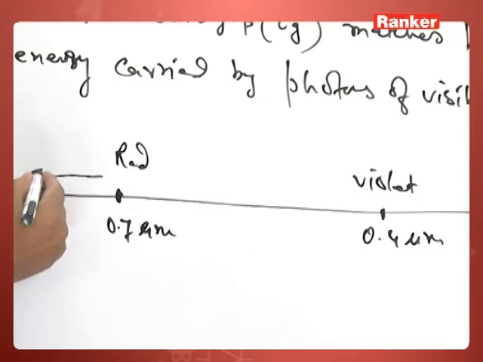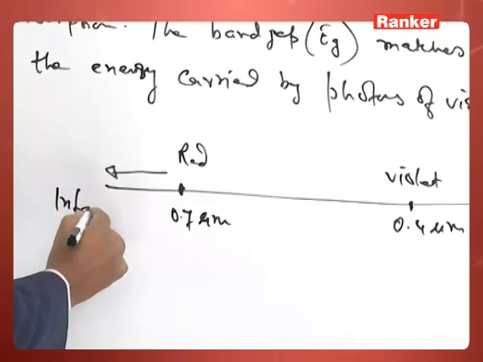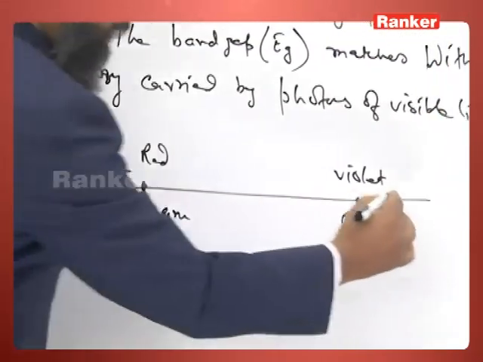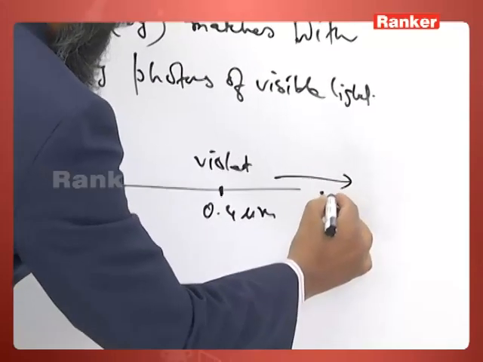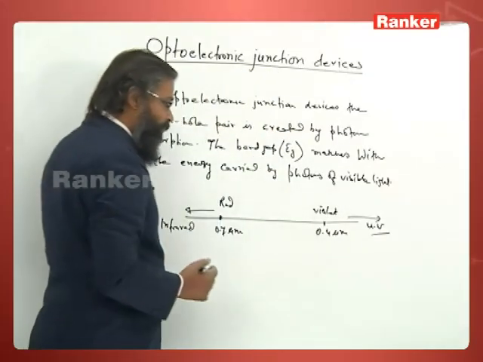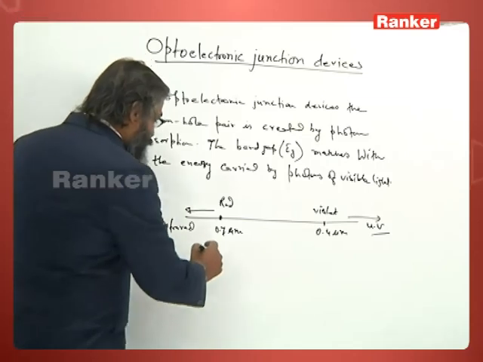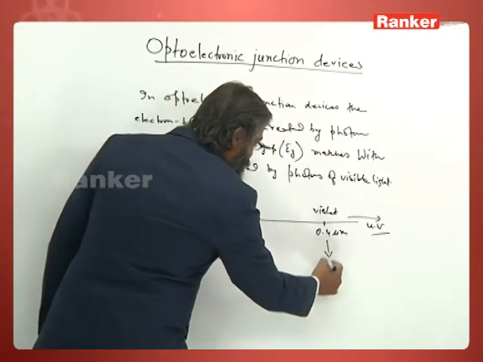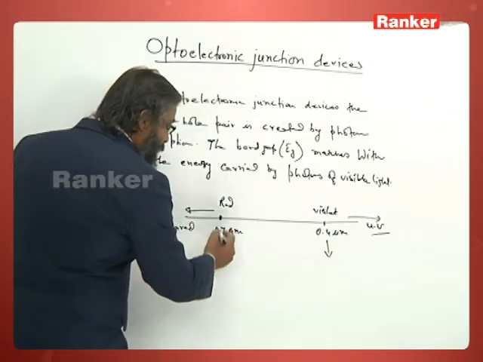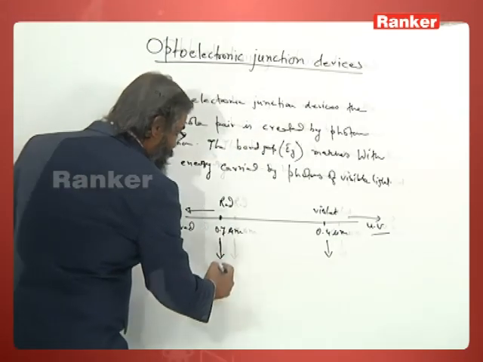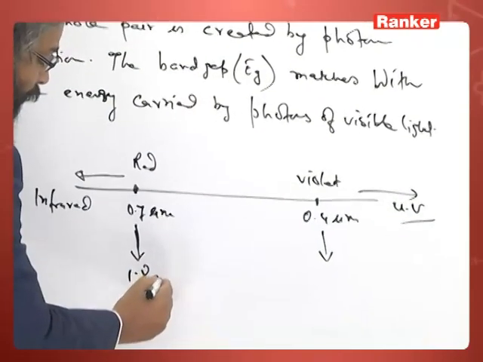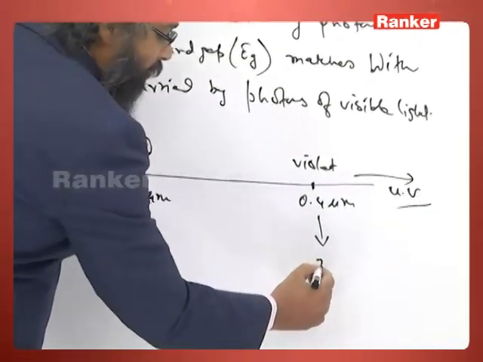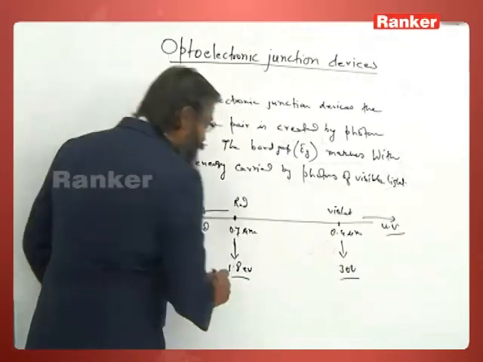Beyond this region we have infrared, and beyond the other we have ultraviolet, UV rays. In electron volt, the energy content of this is 1.8 electron volt, and this is nearly 3 electron volt.